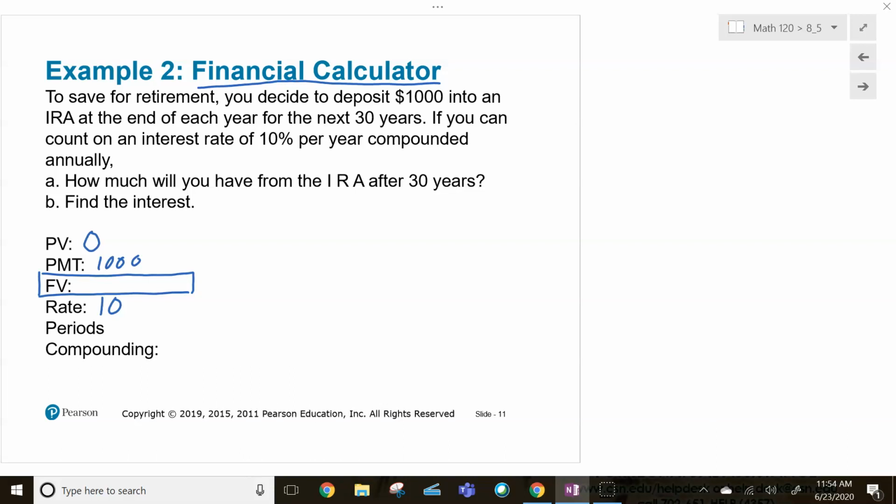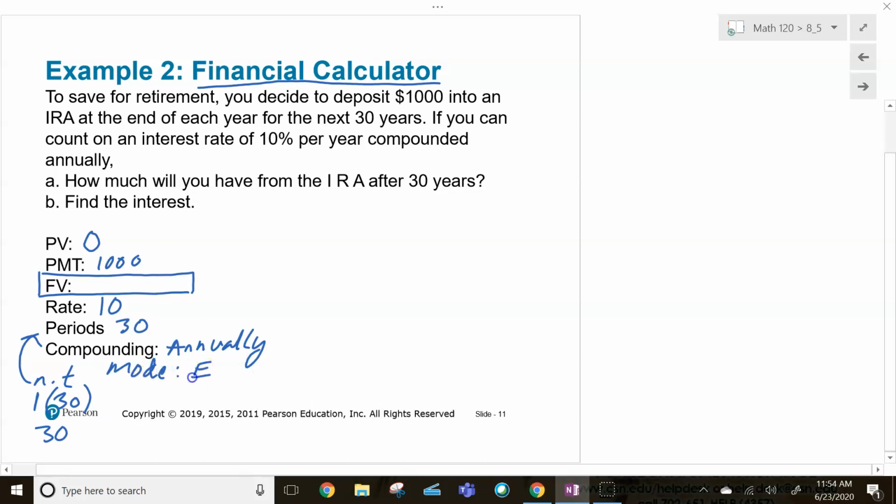That's as a percent there. Periods. This is N times T. This is compounding annually, so it's only 1 times 30. If this was monthly, it'd be 12 times 30, 360. In this case, it's 1 times 30. There's only 30 periods. You're making 30 payments, once per year for 30 years. Compounding annually. I also want to make sure you know the mode here is at the end of each year.